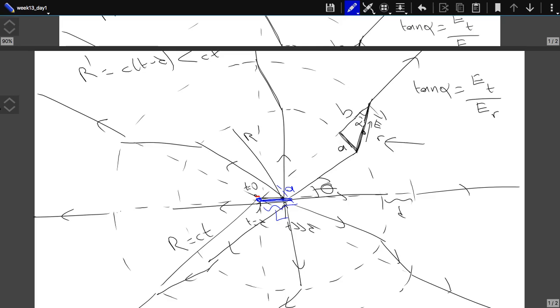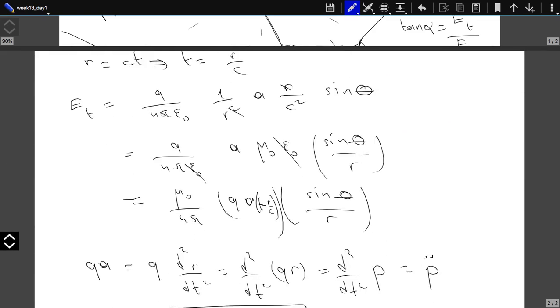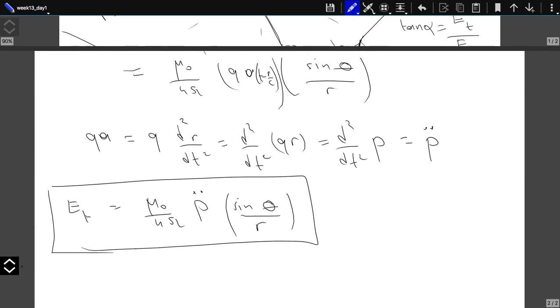Now the question is, what tells me that this is a radiation field? There's this additional electric field, not just the radial component, there's the tangential component. Whether you call it the phi or theta hat, it's up to you. What tells me that this is a radiation field?